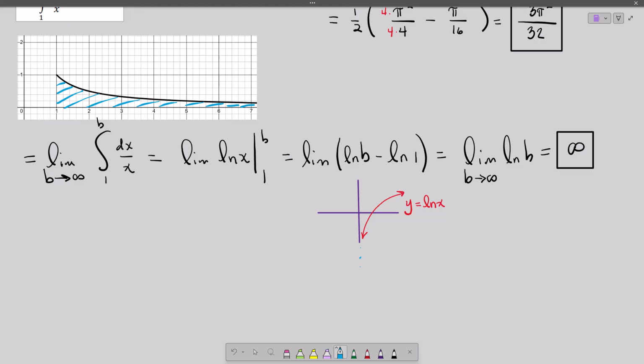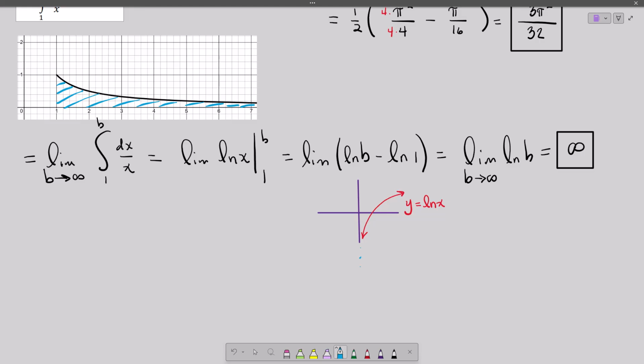If we had a different function we might be able to take the limit as b goes to negative infinity, but not for this antiderivative, because log is only defined for positive numbers. Make sense? Right, you can't take the log of a negative. Log of a negative is undefined, because there's no graph over here.